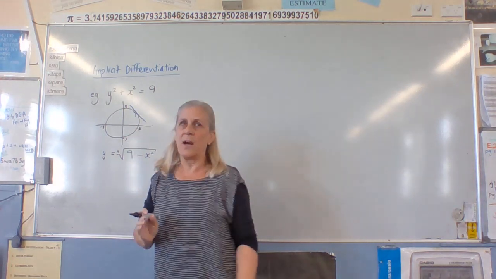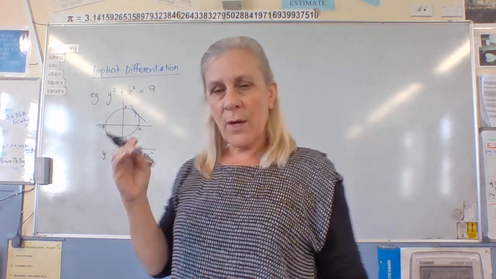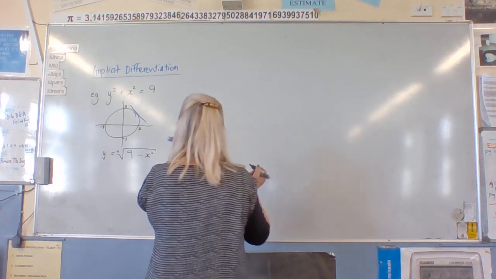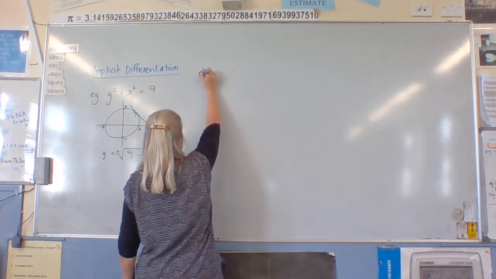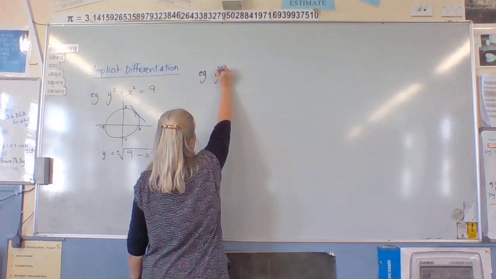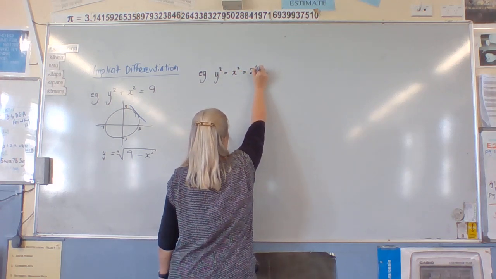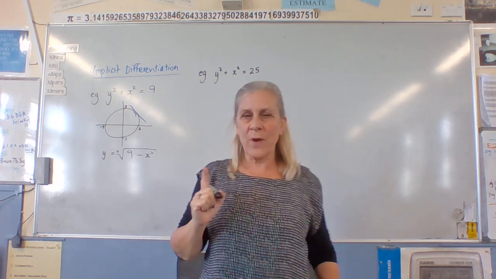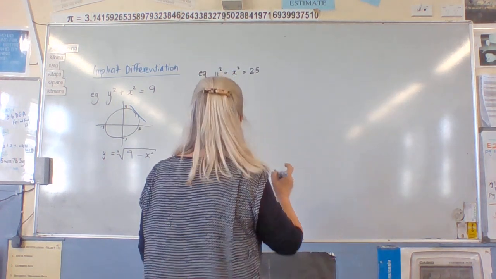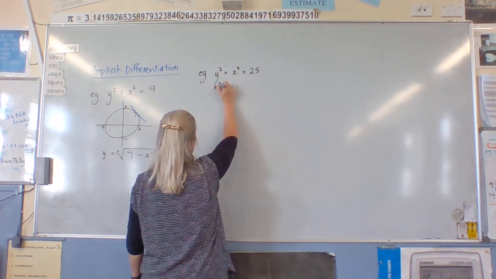So if we were going to do this with, I'm going to make it a different one just so we don't get confused. y squared plus x squared equals 25. I have a circle. I want the gradient at the point, no, I'm not even going to ask for the gradient.